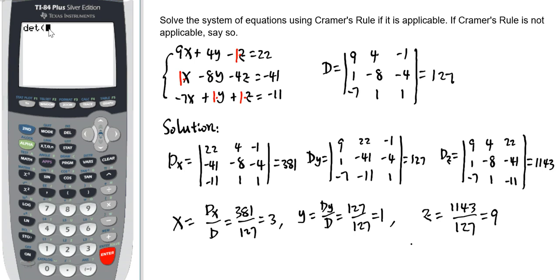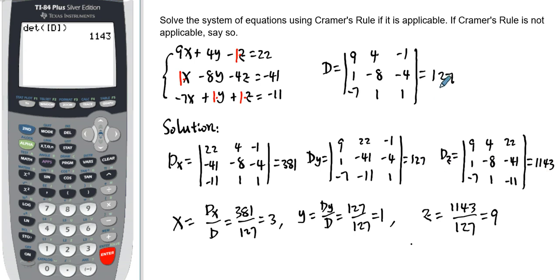Put your matrix here. So you do second matrix, and then 4, that's D here. My D is the DZ here. Then close bracket, hit enter, and it gives you 1143.